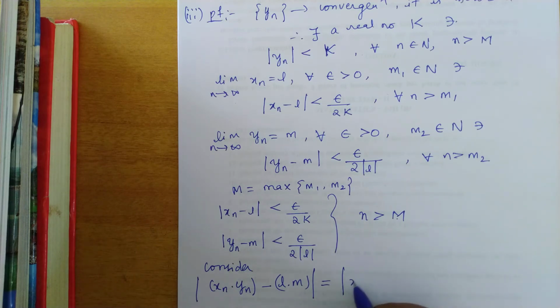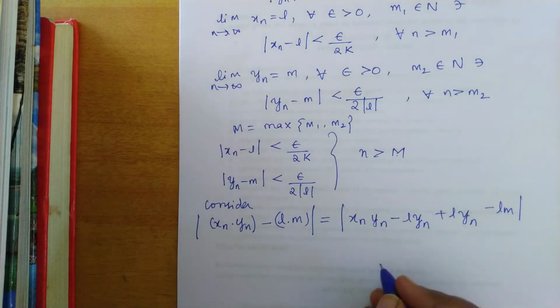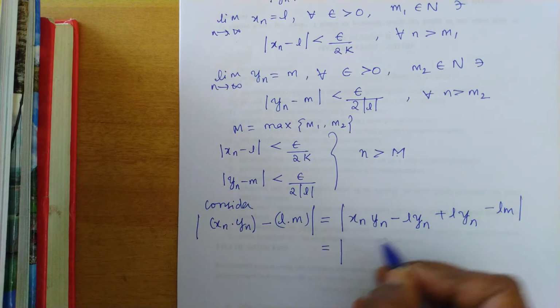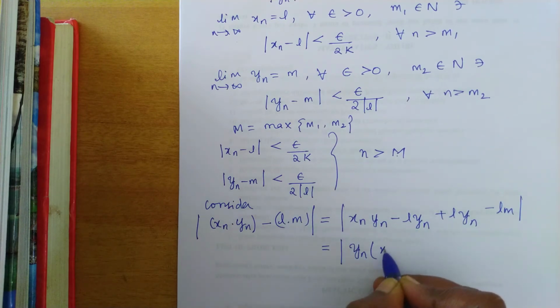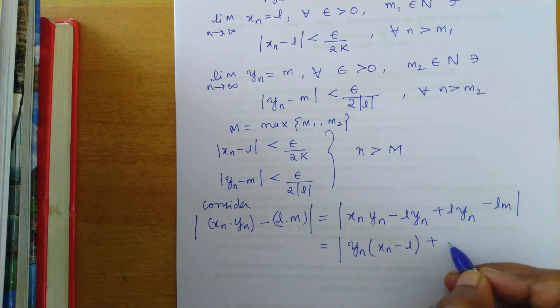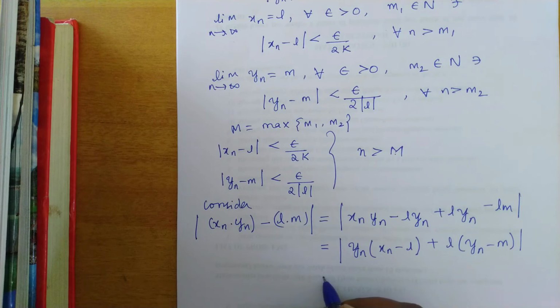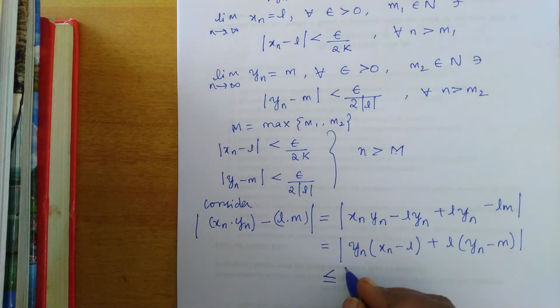So what do I get? xn yn minus L yn, plus L yn minus L m. Here I can take yn common, so it is xn minus L, plus I can take L common, so it is yn minus m. Now applying the triangle inequality and separating the terms, what do I get?